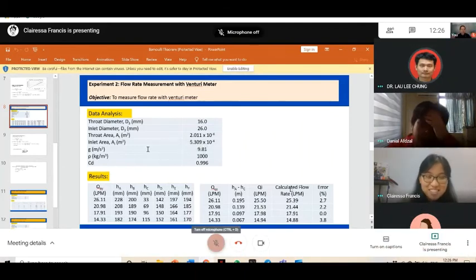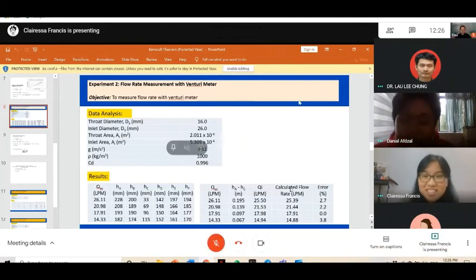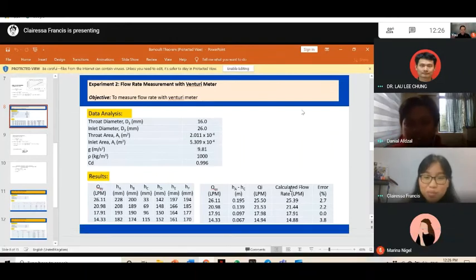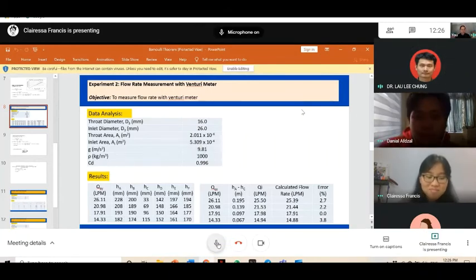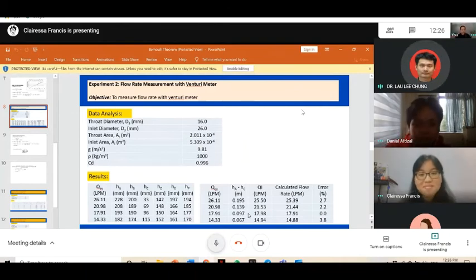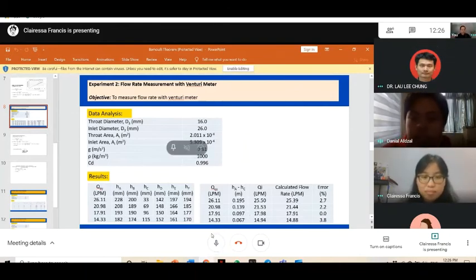To know how much we deviate from the theory. What theory? Which one is the theory? Deviate from the ideal flow rate theory. Deviate from QI. Yes, right.